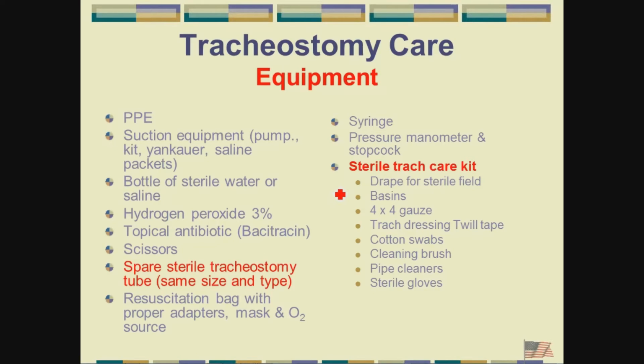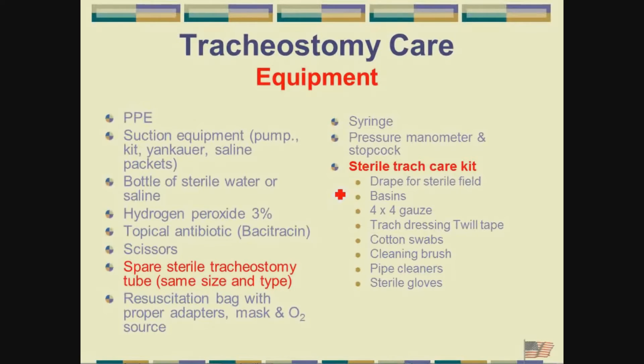Lots of stuff you end up needing to do this. Biggest portion are that we're going to have all the stuff we would normally have as far as suctioning equipment. But we're also going to have a bottle of sterile water or sterile saline, either or, a bottle of hydrogen peroxide, and the sink in the labs, by the way, magically also supplies unlimited hydrogen peroxide. You may need a topical antibiotic, and I'll talk about that.